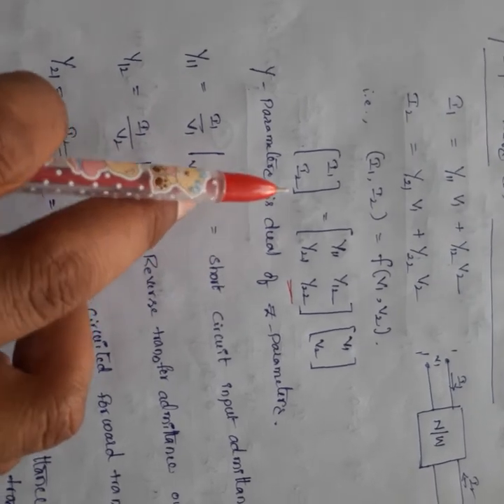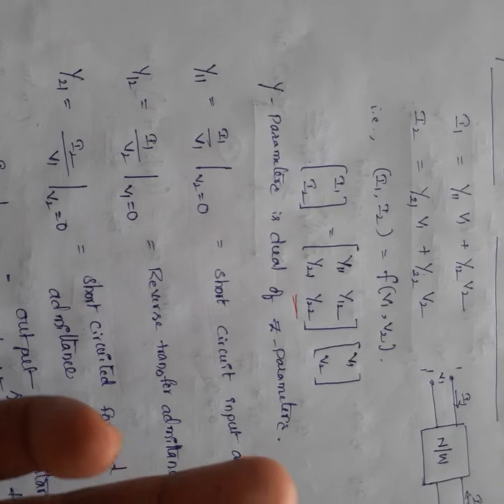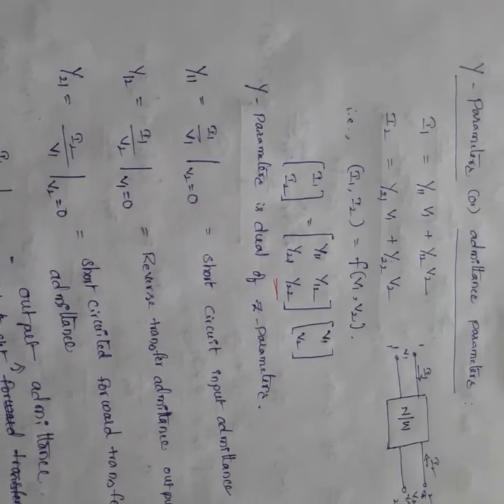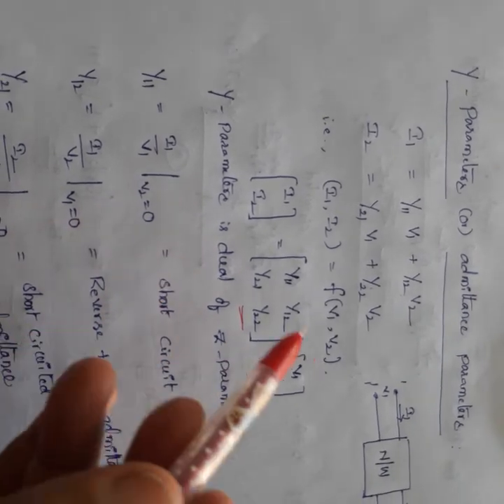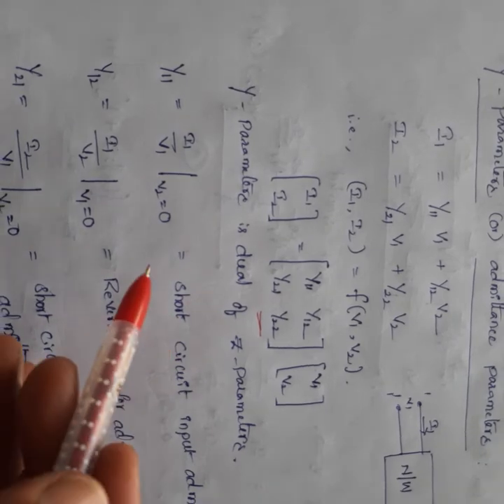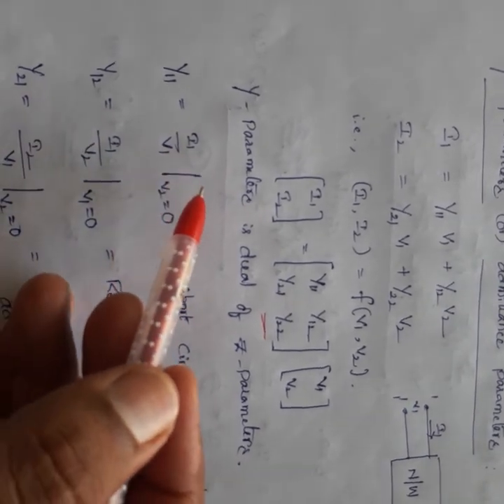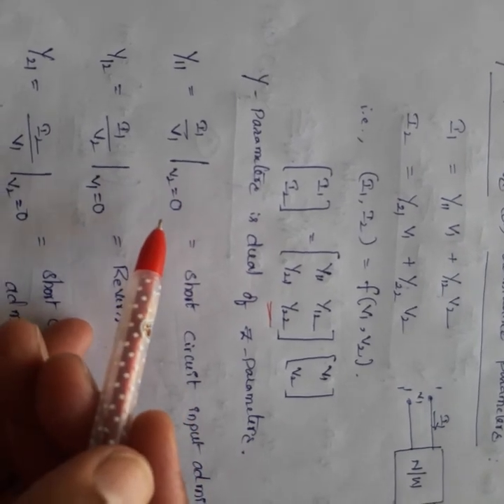V2 equals 0 means there is no voltage, that is, a short circuit at the output side. So Y11 equals I1 by V1 from equation 1 at V2 equals 0.